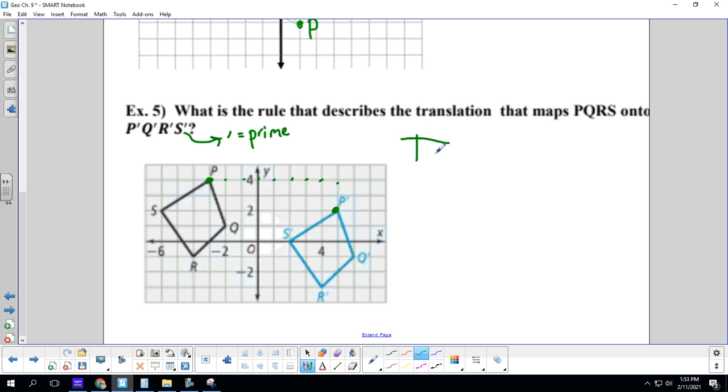So we translated P to the right 8, and down 2. There we go, Spaghetti-O. Easy peasy. And it's going to be the same no matter which letter you pick, because if it's a translation, it preserves all the coordinates.